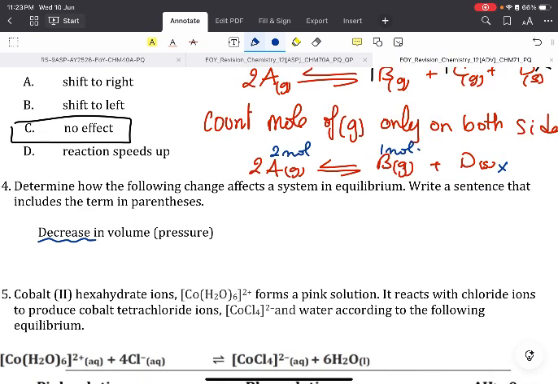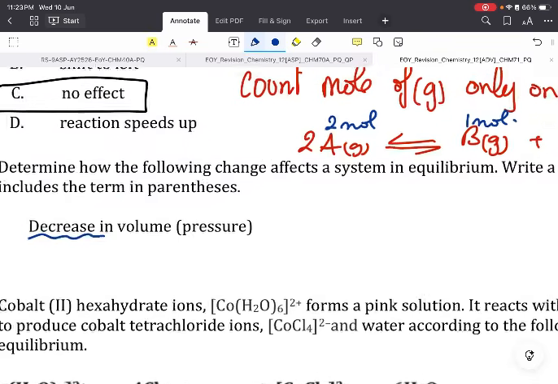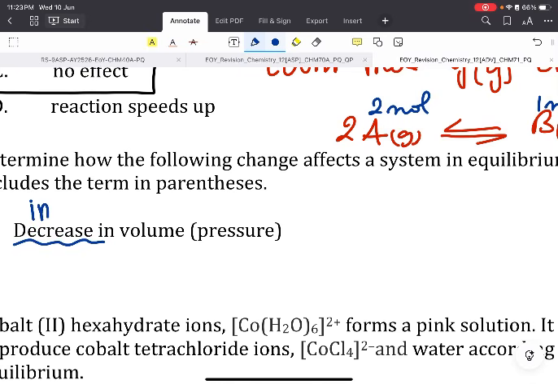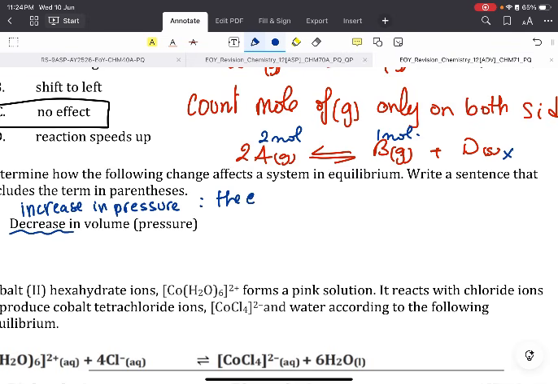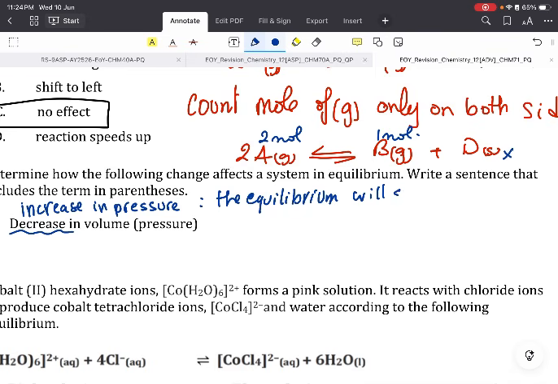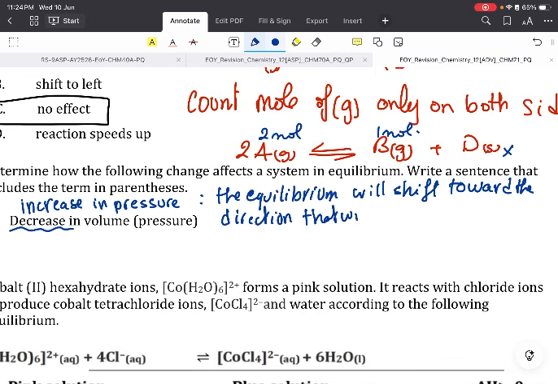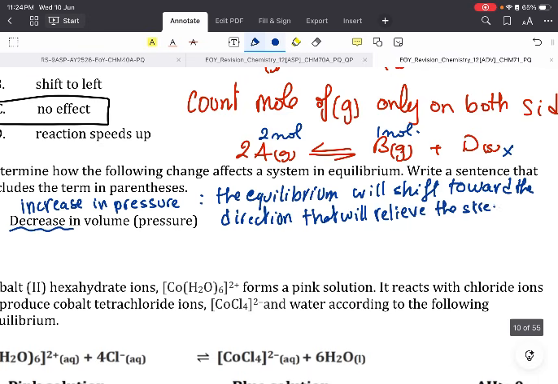So for example, if I have a decrease in volume, a decrease in volume means an increase in pressure. So when pressure is increased, the equilibrium will shift toward the direction that will relieve the stress. And what does that mean? Relieve the stress.